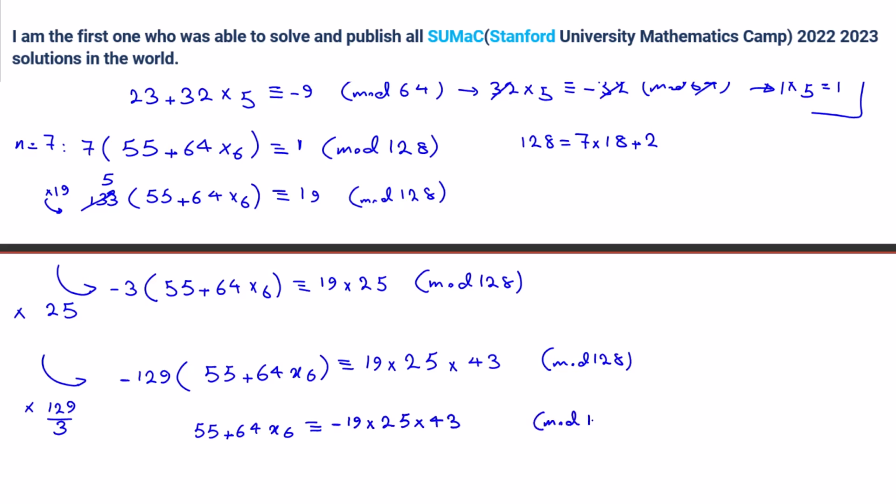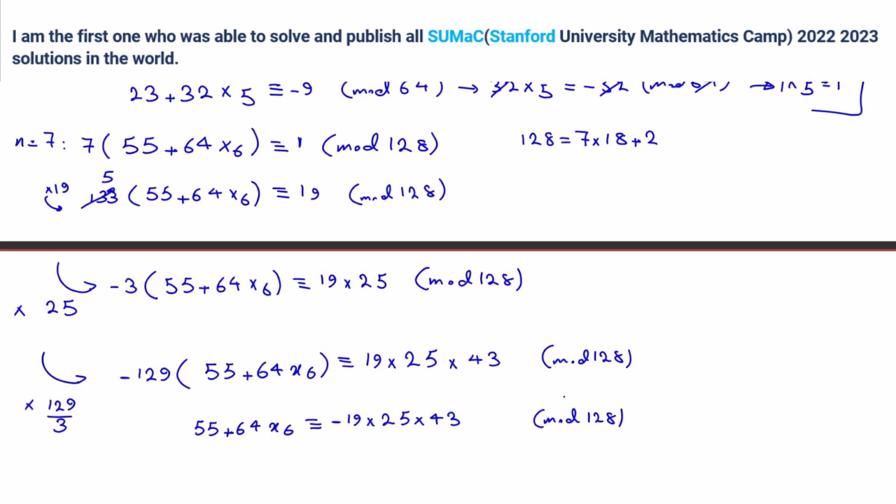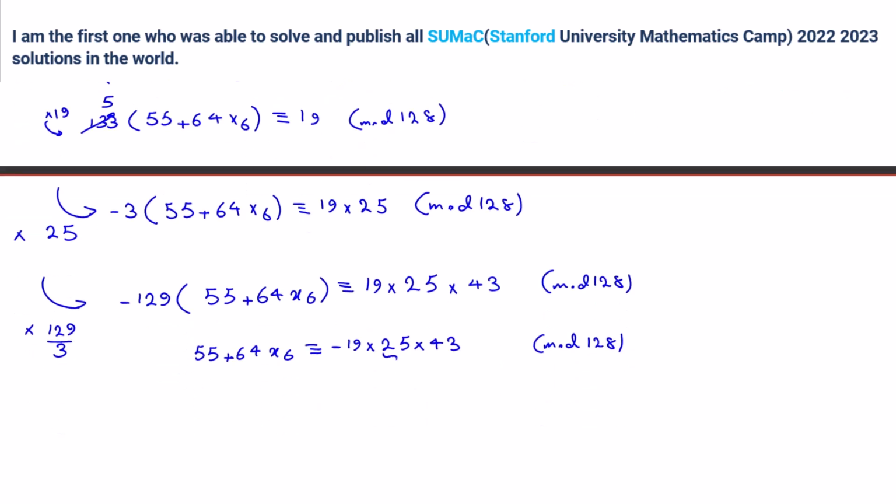Yeah. Okay, now we can simplify this. You can say it is equal to 5 times 5 times this. It's 215, right? Yeah. 215 mod 128, you can subtract 256, right? So it is negative what? 41, right?